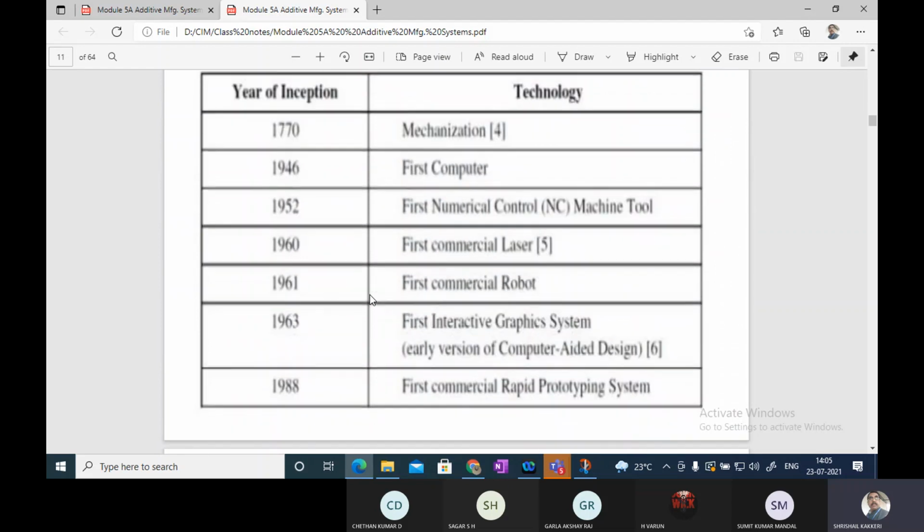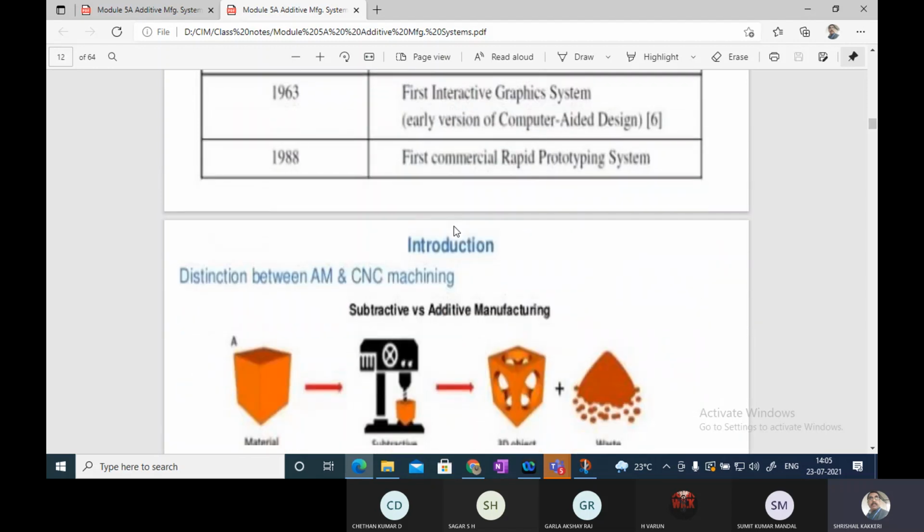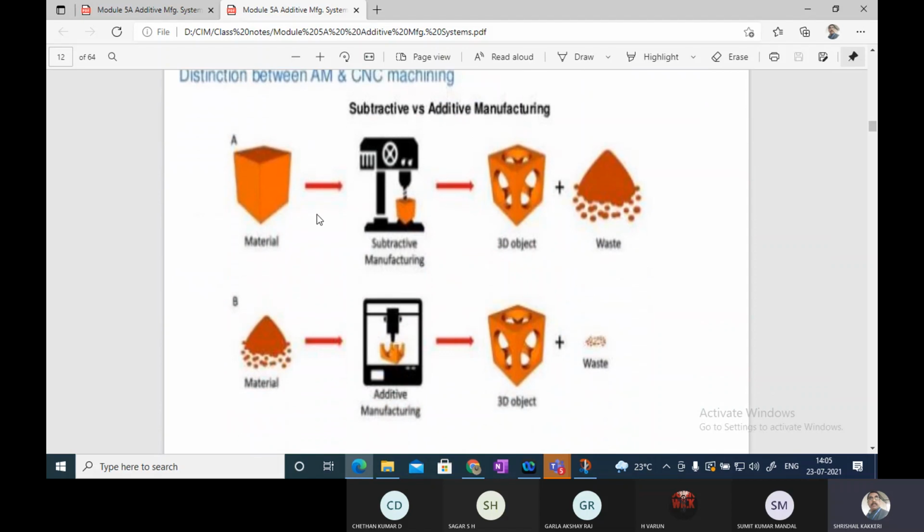Now, the additive manufacturing evolution, how it has developed: the first computer, the first numerically controlled machines, and the first commercial laser. Many other things we have taken, and all these together finally lead to this. You can see subtractive and additive manufacturing. The subtractive method is what? Your milling machine, CNC milling, CNC turning, manual milling machine, gear cutting machine, hobbing machine, lathe.